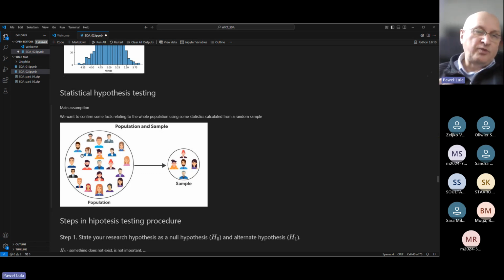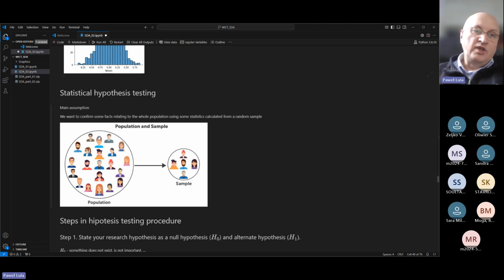For example, all people living in Croatia or in Poland. We have some statements about all people in the whole population. We are going to formulate and to verify some regularities concerning the whole population. It is our goal. Verification of some statements concerning the whole population.